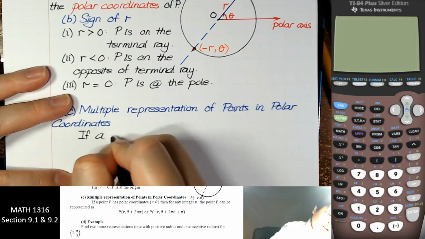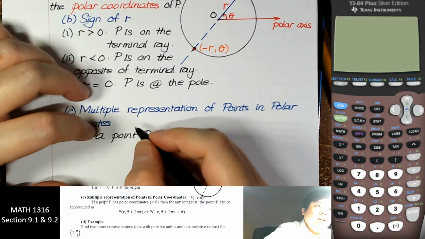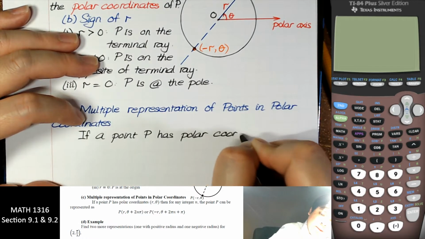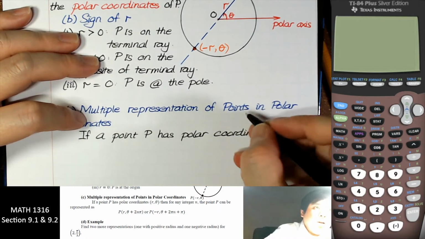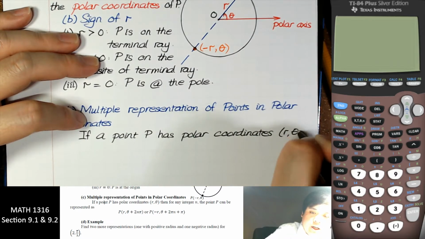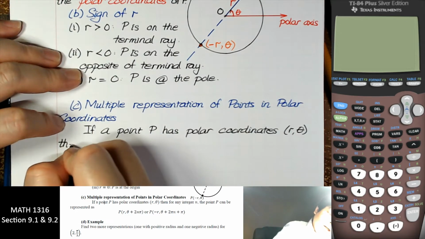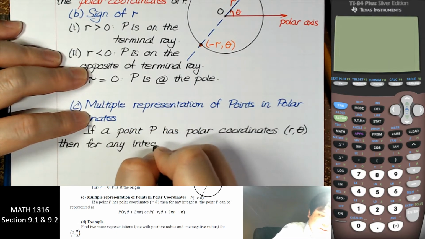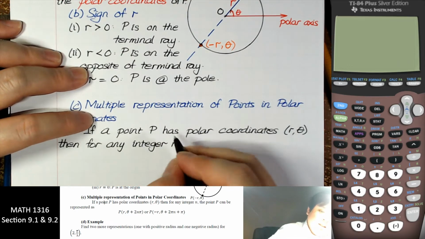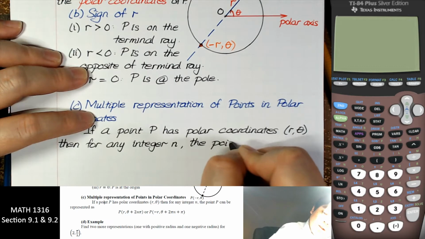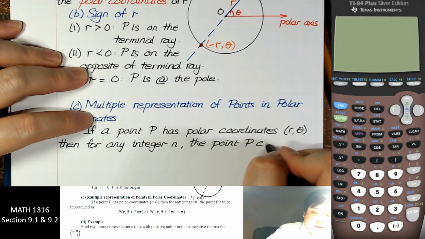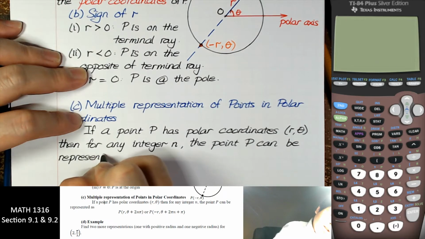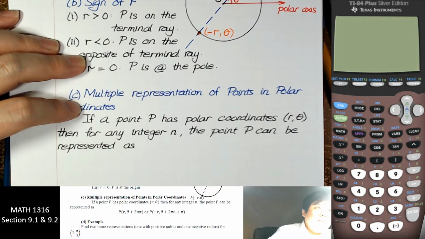if a point P has polar coordinates (r, theta), then for any integer n, the point P can be represented as (r, theta + 2n pi).